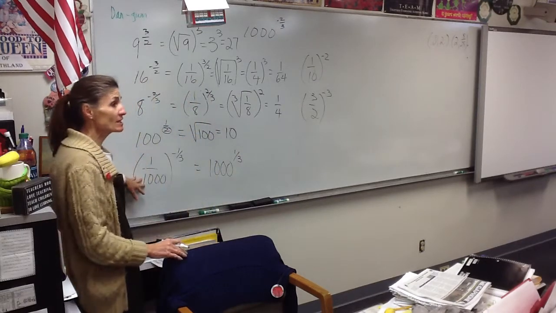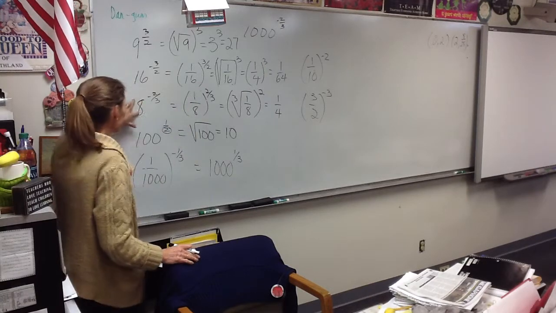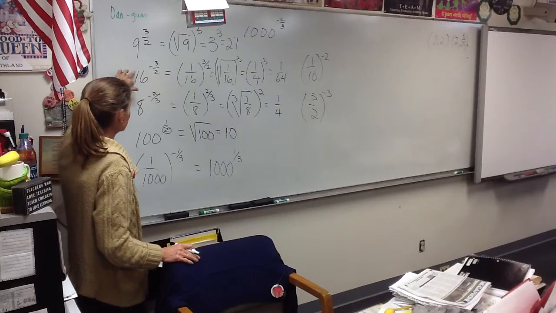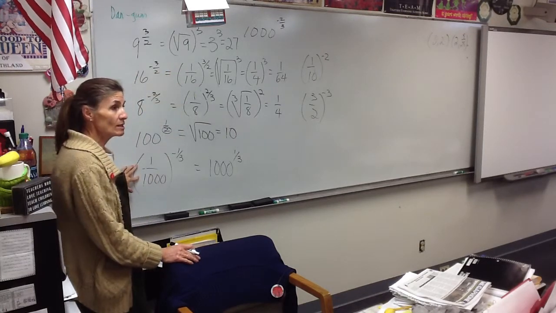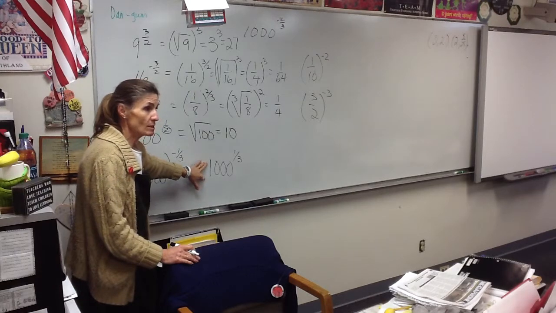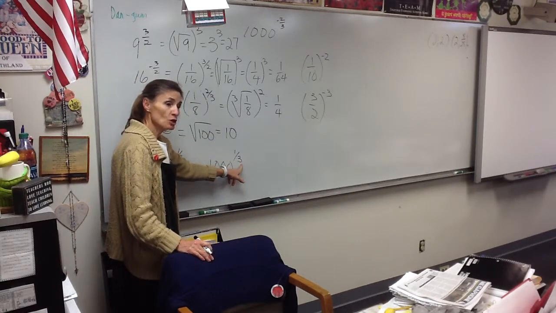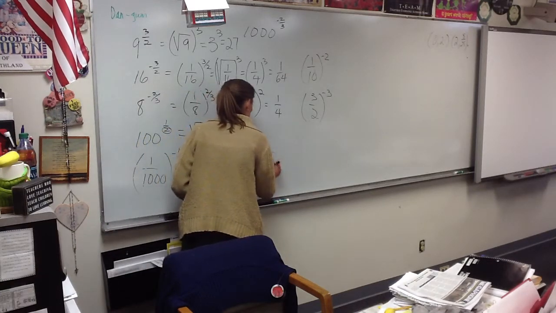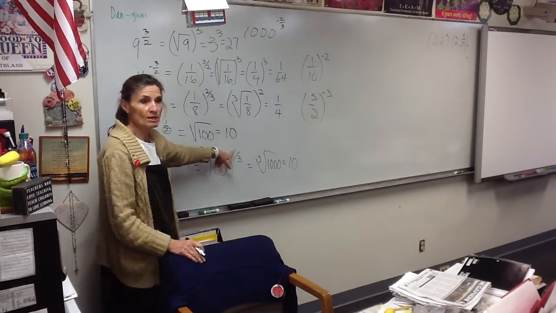Remember, negative exponents give you the reciprocal. 8 became 1/8. 16 became 1/16. So what does 1/1000 become? 1,000. What does that 3 right there mean? The cube root. What's the cube root of 1,000? 10. So the first power, that's just 10.